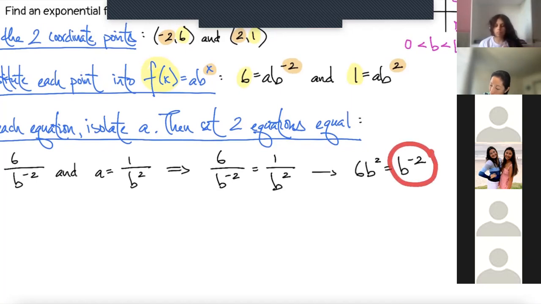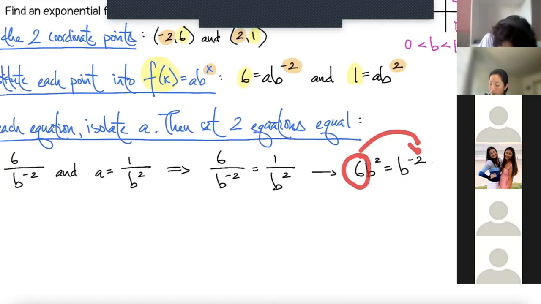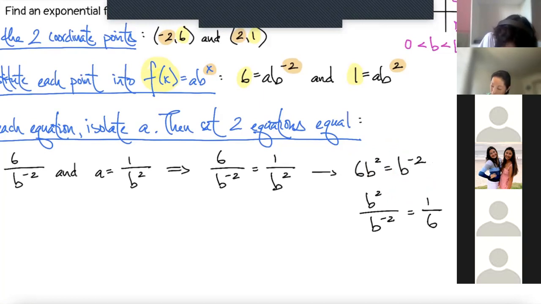I'm going to take this b to the negative 2 and divide it over to the left-hand side. And at the same time, I'm going to take this 6 and divide it over to the right-hand side. And we're going to end up with b squared over b to the negative 2 equals 1/6.